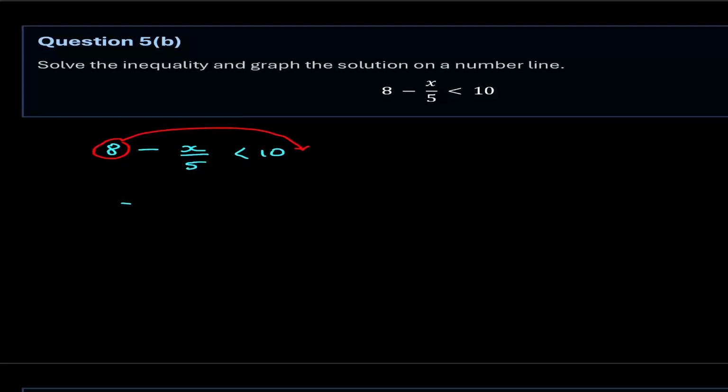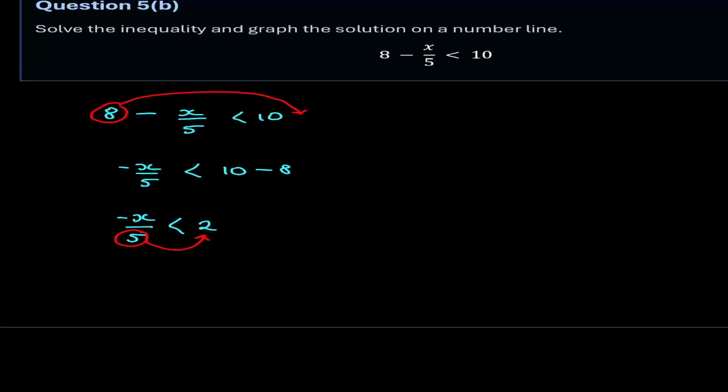So I'm left with neg x on 5 on this side is less than 10 take 8. So you've got neg x on 5, 10 take 8 is 2. Next, we're going to move this 5 across. So it is a divide on this side. So when you move it across, it becomes a multiply.